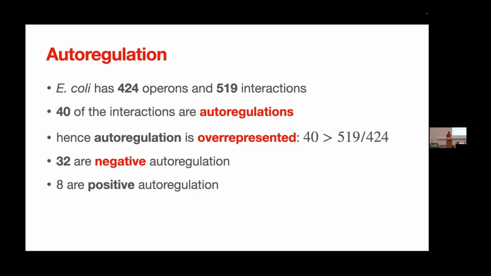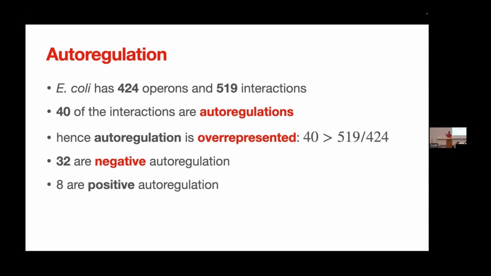In some sense, you can argue that this is overrepresented. Because if everything was uniform, which of course it isn't, you would assume that the number of interactions divided by the number of operons, the sites that can be controlled, is the expected value of auto-regulations.